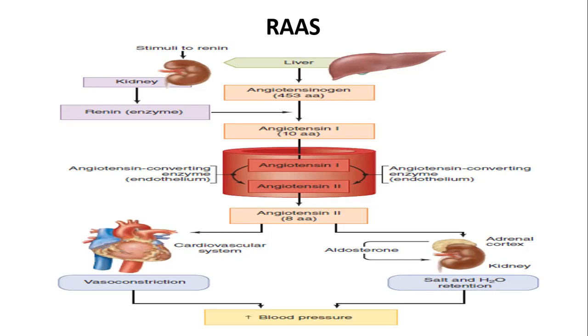The ADH will be produced and sent to the kidneys, to be more precise, to the collecting tubule, and stimulate the cells that contain aquaporins to allow a lot of water to flow from the collecting tubule, from urine, into the bloodstream, hence also increasing the volume of blood. All right. So these are some of the mechanisms that lead to increasing the blood pressure.